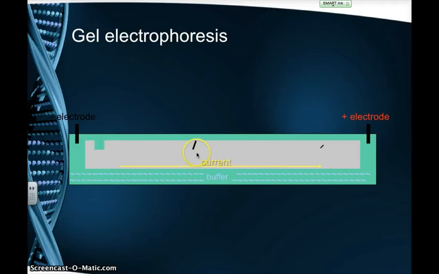Out of our 2 DNA strands, which one moved all the way down here, the bigger one or the smaller one? The smaller one moved very far, almost all the way to the other electrode. However, the larger piece didn't go very far. It's much bigger, so it's going to move a little slower.